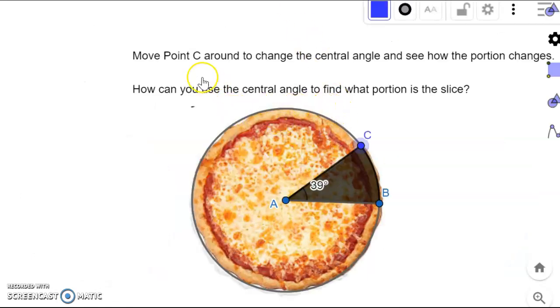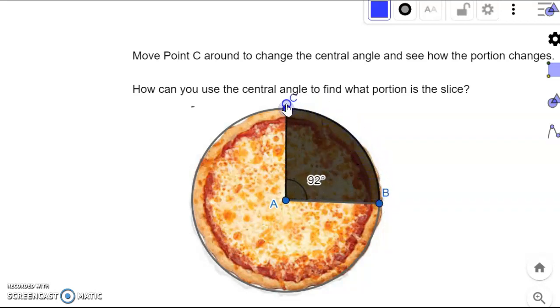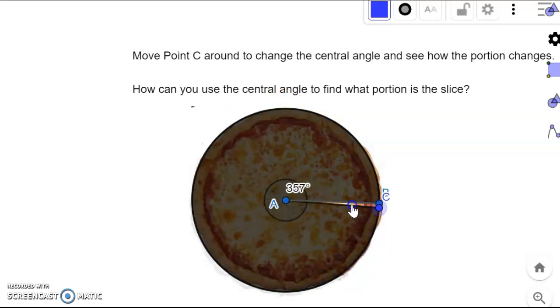Here you can move C around to change the central angle and see how the portion changes. You can have no amount, 0 degrees, or a quarter, which will be 90 degrees. Remember, we have 360 altogether. A full revolution is 360.